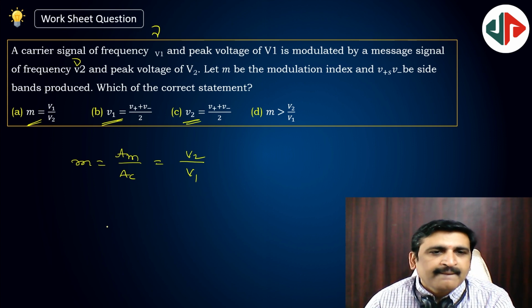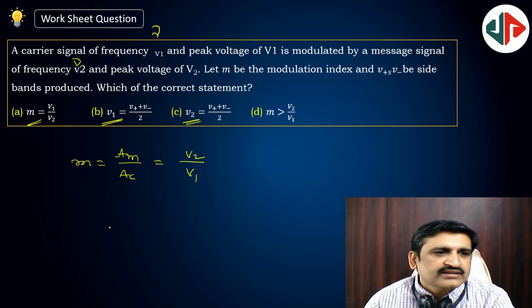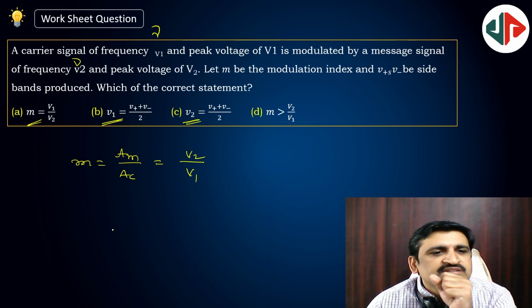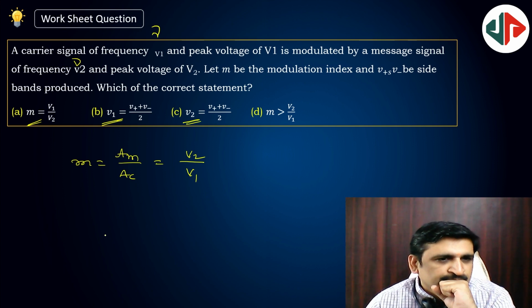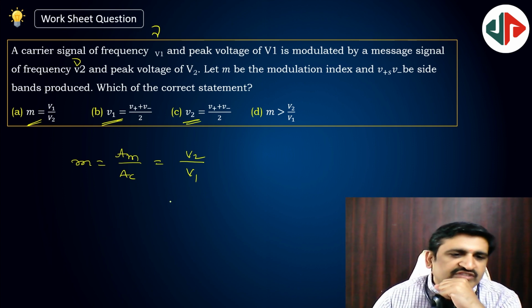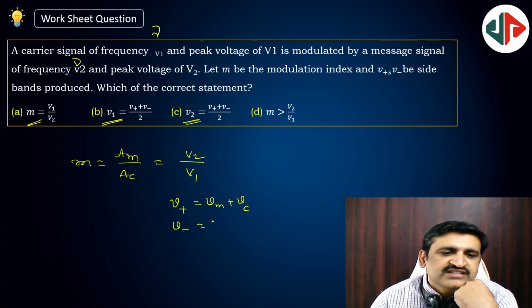Now the plus sideband and minus sideband are produced. Which is the correct statement? V plus will give carrier plus message, and V minus is carrier minus message.